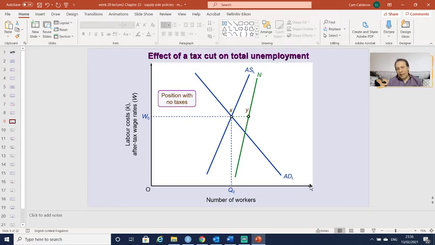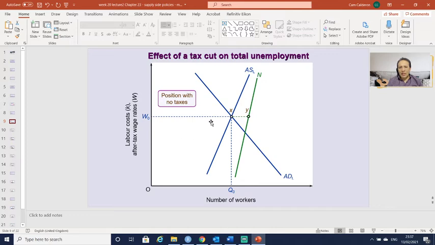In the x-axis we have the number of workers. This is the aggregate supply of labor, and this line is the aggregate demand for labor. This green line is the labor force. So if this is the supply of labor and this is the labor force, this is the level of unemployment, from x to y.